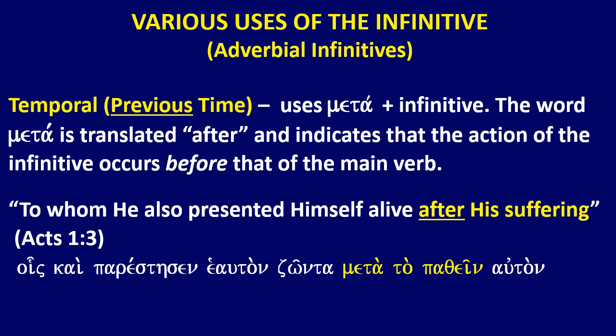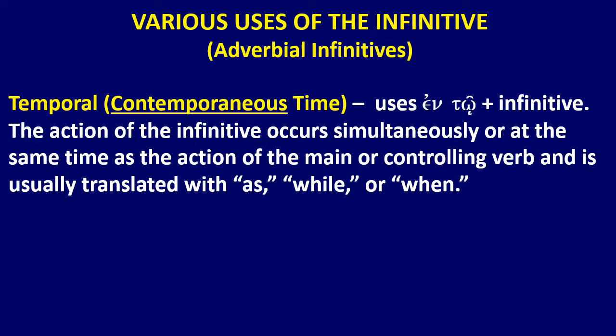But you can see in the Greek sentence of Acts 1:3, the preposition meta, along with the infinitive pathein, which is the aorist active infinitive form of pascho. Sometimes the temporal adverbial infinitive will indicate contemporaneous time.